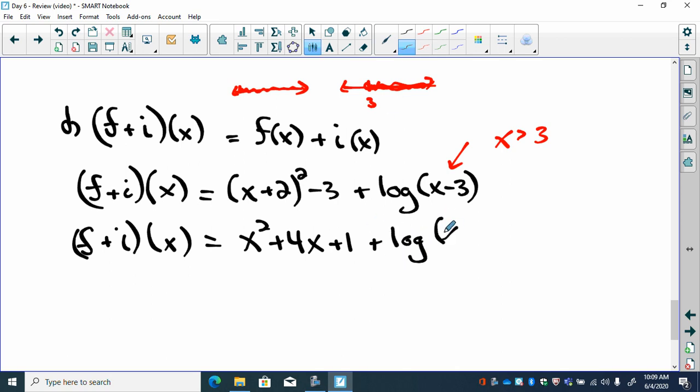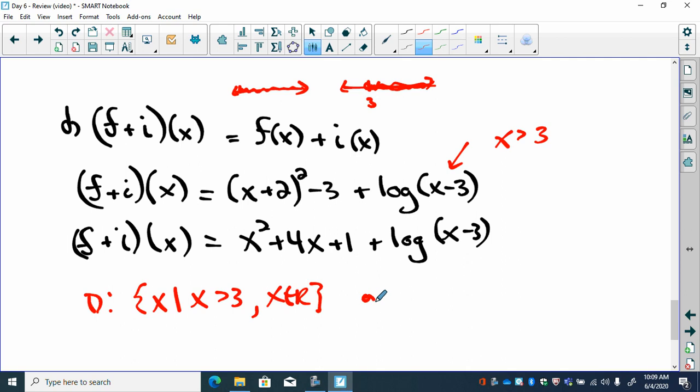So for the domain of this combined function, I will just say that x such that x is greater than 3, x belongs to the real numbers. In interval notation, that would go from 3 to infinity. Round brackets because it cannot equal 3. And it obviously cannot obtain infinity.